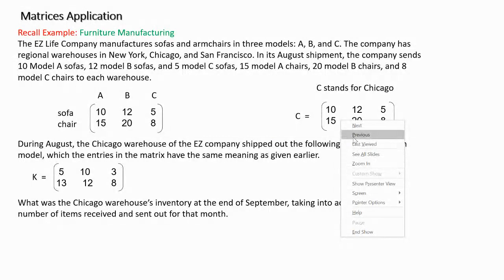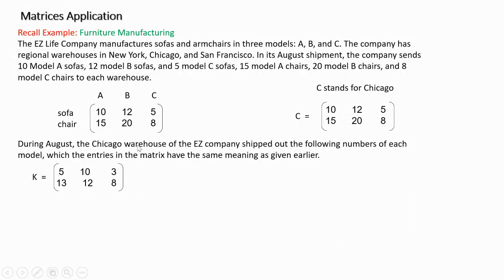Okay, now let me go back here. Hey guys, remember the example that we did at the beginning, to show you the concept. All this here comes from the example from before. But the only difference is that we're going to let matrix C stand for Chicago, for the Chicago shipments.